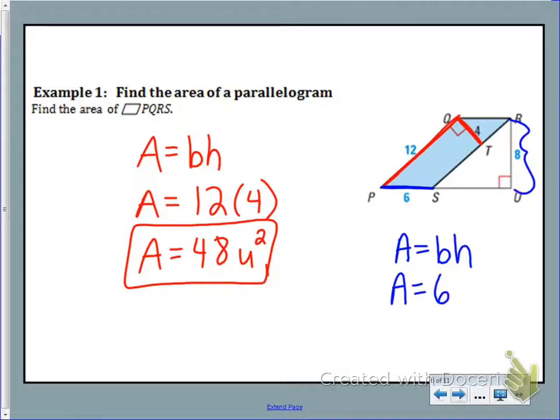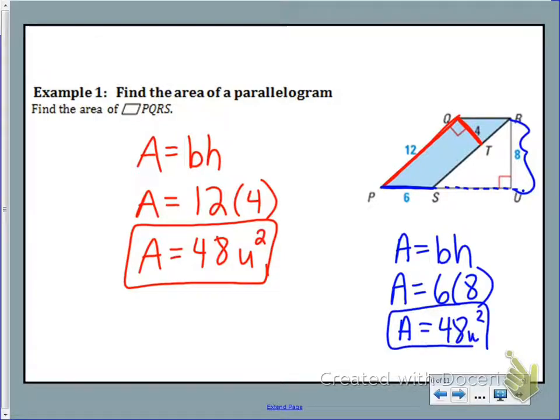So the height in this case that would be perpendicular if we extend that base would be 8. And if you notice, 6 times 8 is 48 units squared. So it doesn't matter which base you use, you get the same answer. So obviously you don't need to do the problem twice, but I just wanted you to be aware that you could calculate it in 2 different ways for this particular problem.